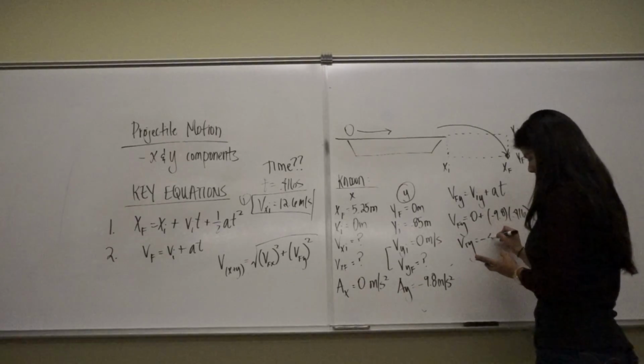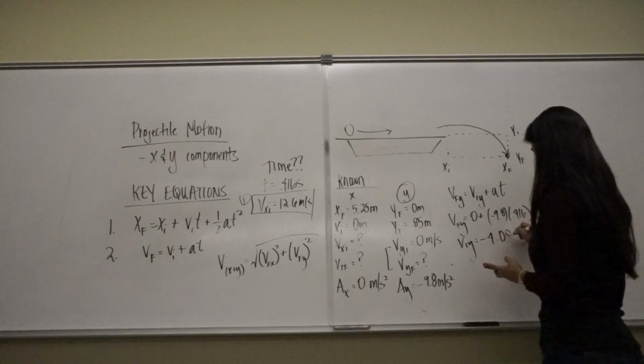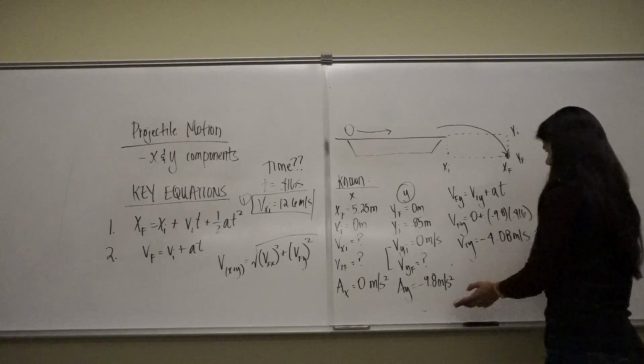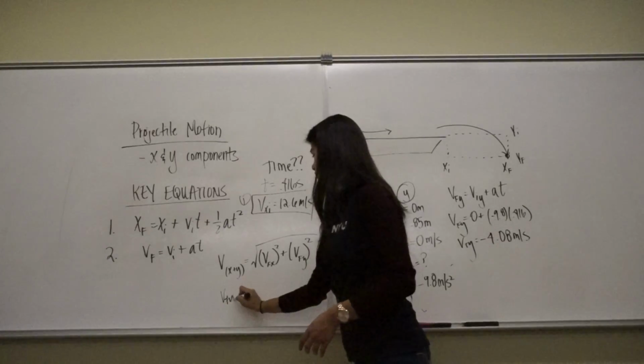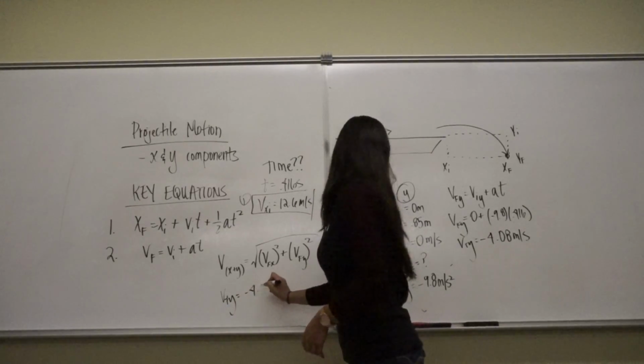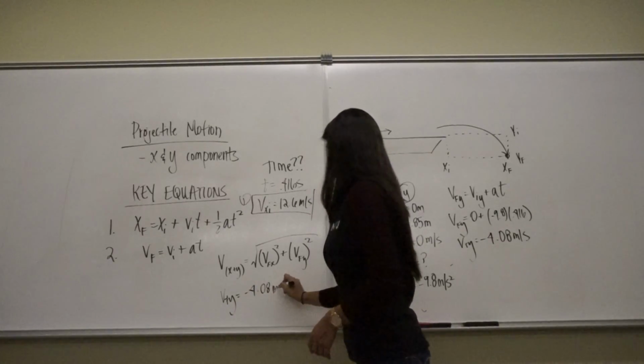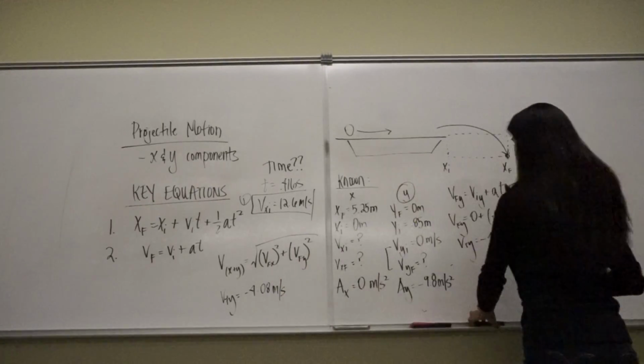That's going to equal negative 4.08 meters per second. So my Vf of y equals negative 4.08 meters per second. Awesome.